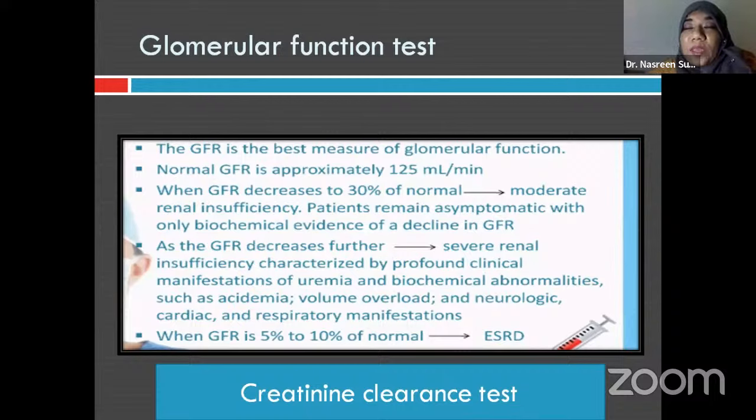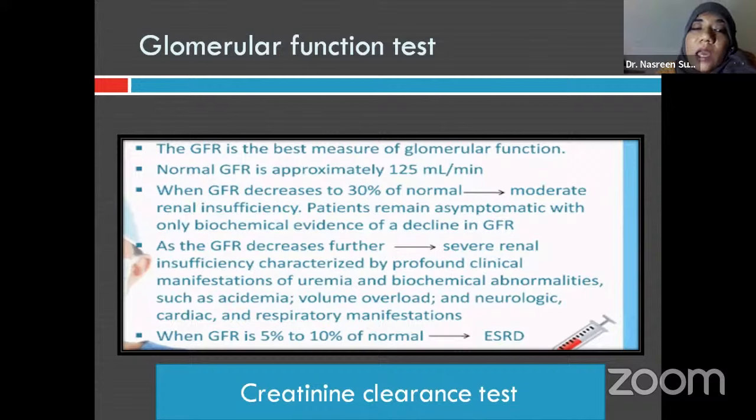Now, if it decreases further, there will be severe renal insufficiency, followed by symptoms like uremia, blood in the urine, and biochemical abnormalities such as acidemia. Acidemia means the blood will become acidic in nature. Volume overload, neurologic, cardiac, and respiratory manifestations will also be seen.